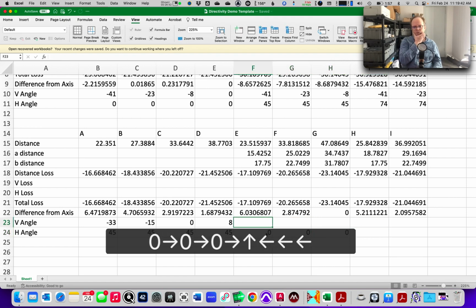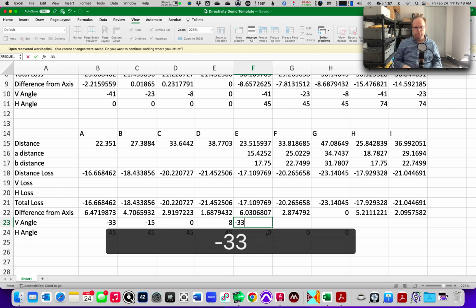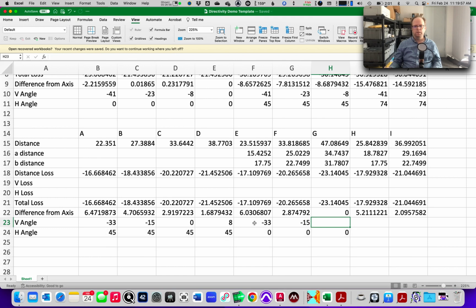And their vertical loss will be the same as these. I have to keep looking at the column headers. So E is minus 33, F is minus 15, because those are on the same rows as A and B.